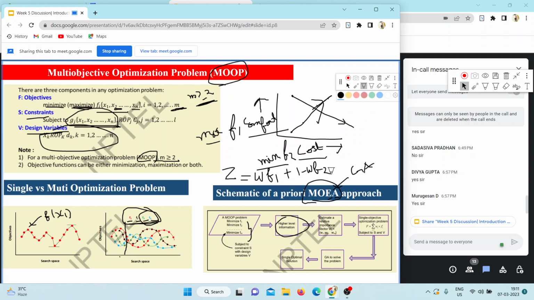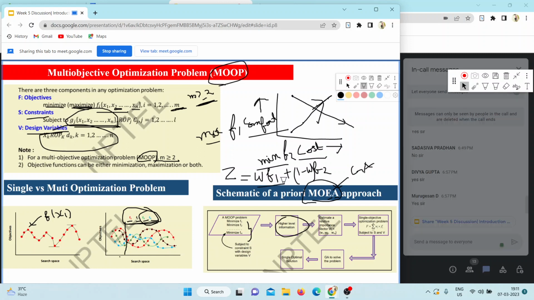f2. So what we are doing here is, we are combining the two objective functions, comfort and cost, by putting a weight, and this weight will be between 0 to 1.